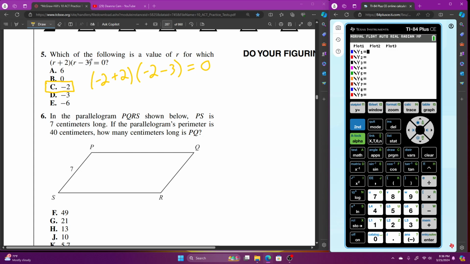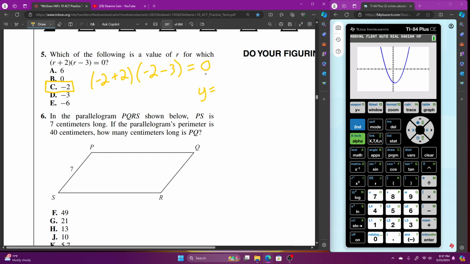So if you take this right here and change your r's to x's and say y equals x plus 2 times x minus 3, right here on our y equals.